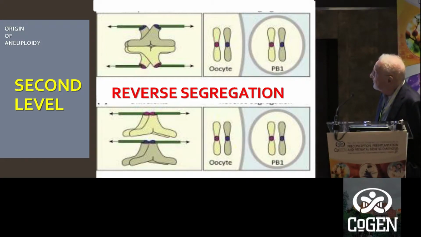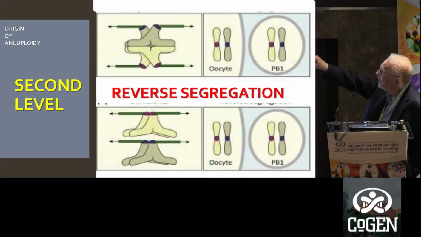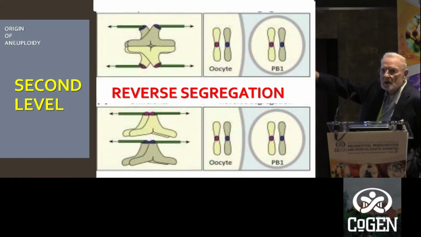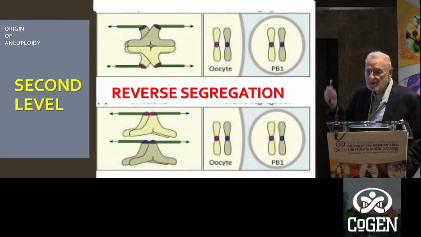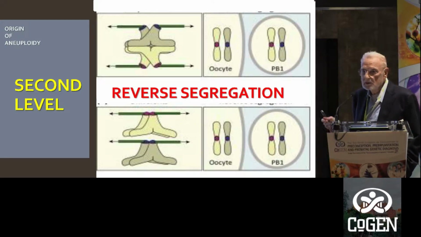This is an example of the reverse segregation, which is showing that the chromosome has been altered in such a way that the kinetochores of a single chromosome, the two chromatids, are going in opposite directions to different poles. And basically what underlies meiosis is the separation of homologous chromosomes.